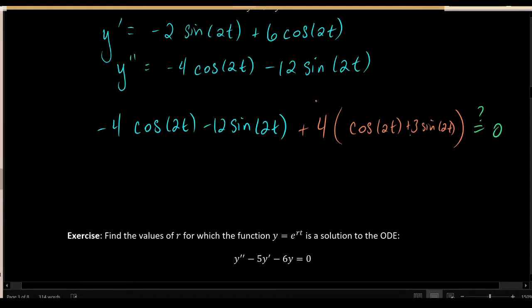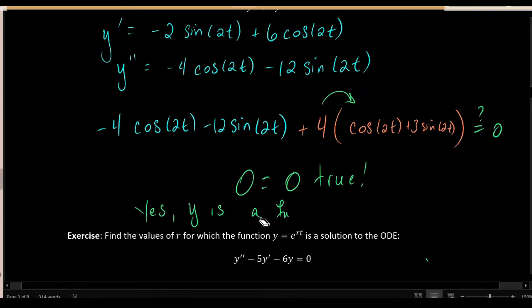When I distribute, I'll get a plus 4 cos 2t, which will cancel with this negative 4 cos 2t. I'll get a plus 12 sine 2t, which cancels with this minus 12 sine 2t. And so after simplification, we get 0 equals 0, which is a true statement. And therefore, I would say yes, y is a solution to this ODE.